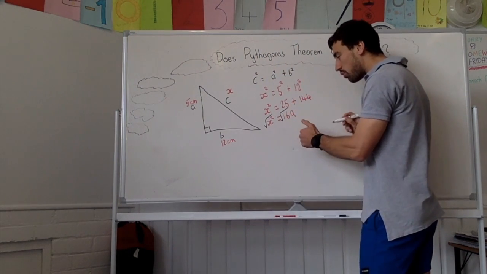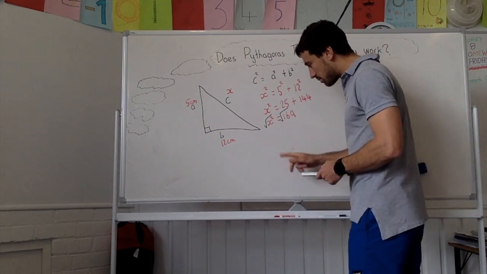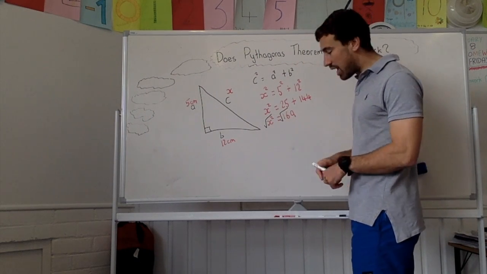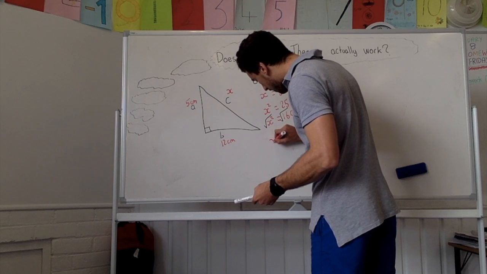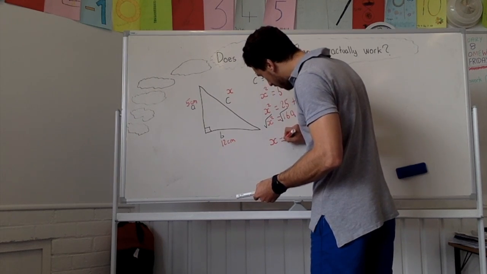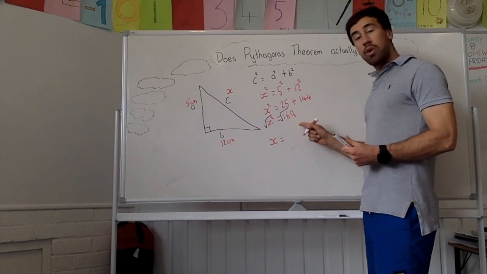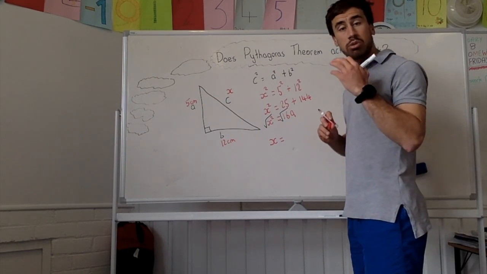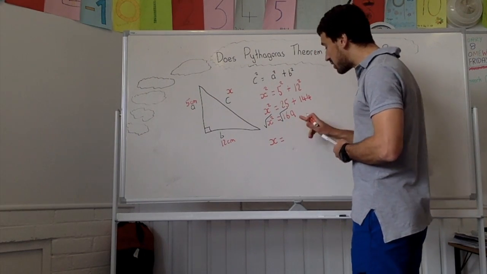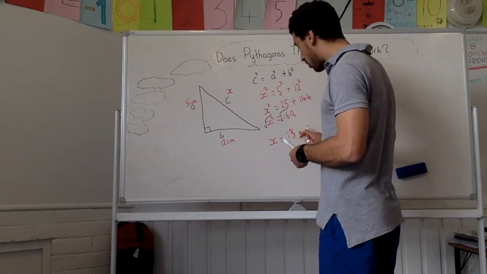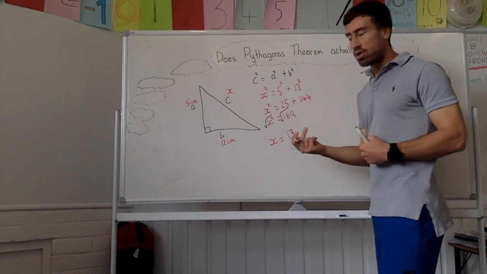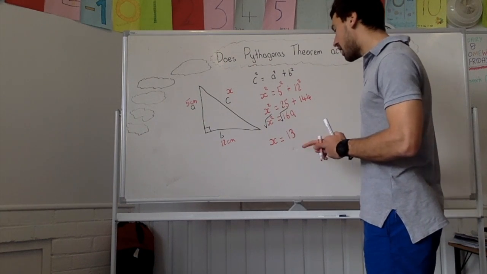So if we square root both of these sides, instead of X squared, we end up with X by itself. The square root of 169, what do you multiply by itself to get 169? That would be 13. 13 times 13 is 169. You can double check your answer there.